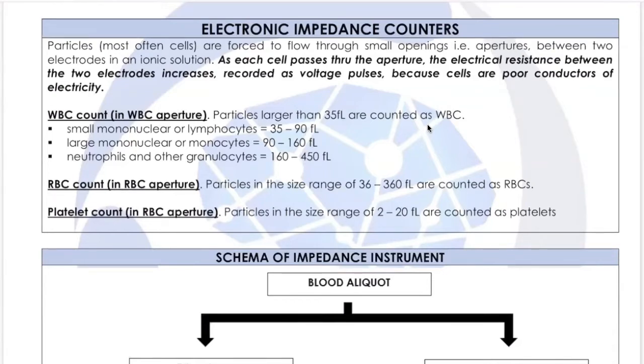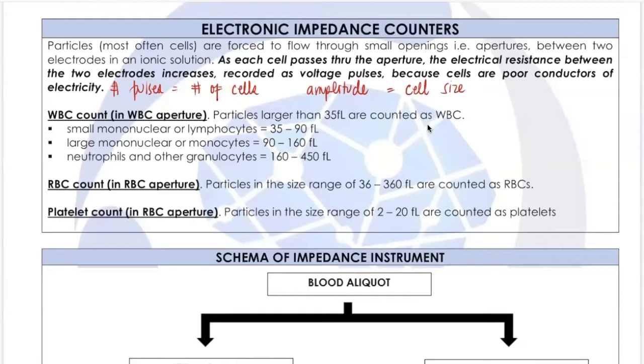Now, the number of the pulses corresponds with the number of cells. And take note natin that the amplitude, yung height ng pulse, corresponds with cell size.